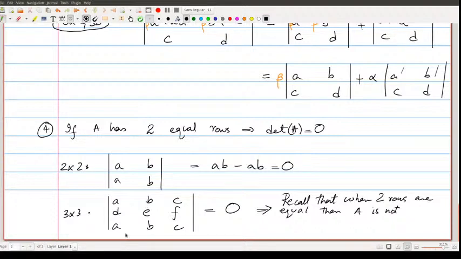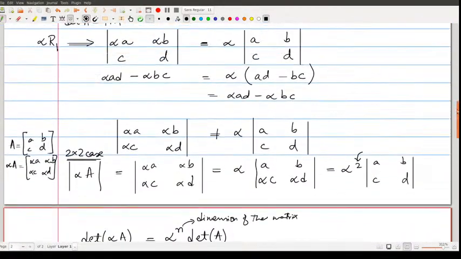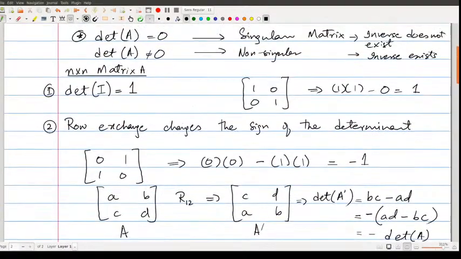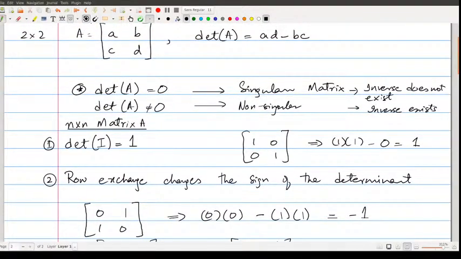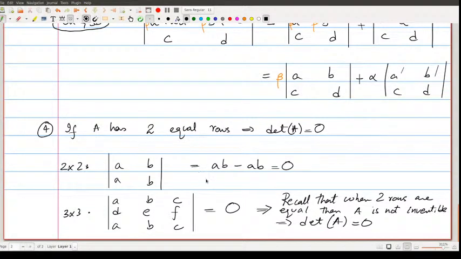You can really eliminate the whole row and you get a non-invertible matrix, a singular matrix. So when two rows are equal, A is not invertible, which means the determinant of A has to be 0. Because at the start we talked about how information about invertibility is given to us by the determinant. So if it's a singular matrix, the determinant has to be 0. That's another way to look at it.